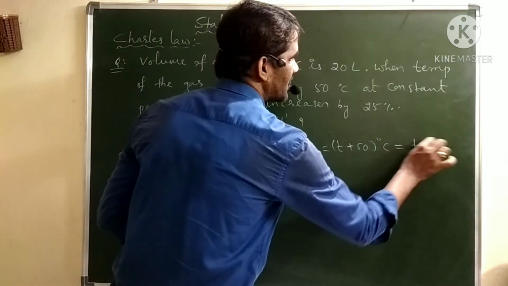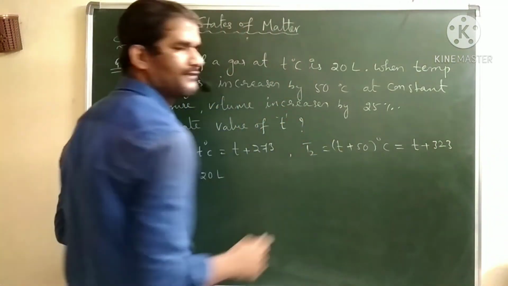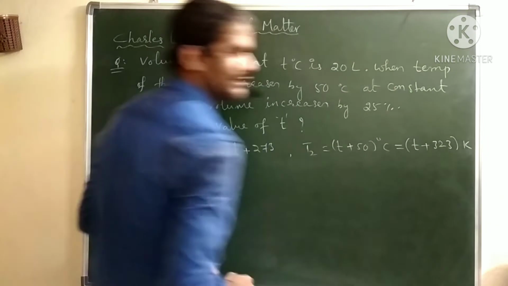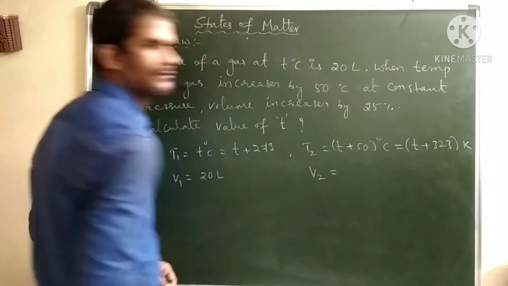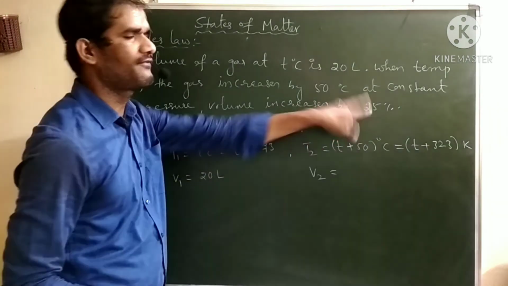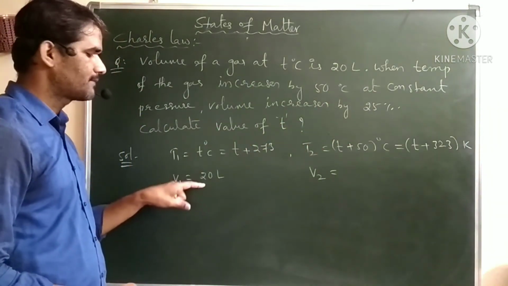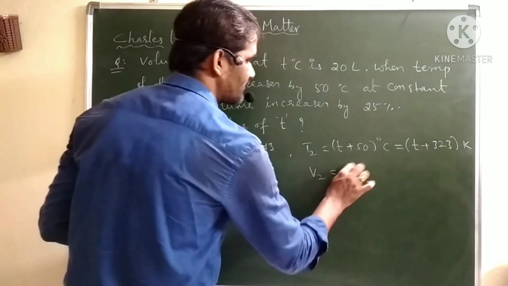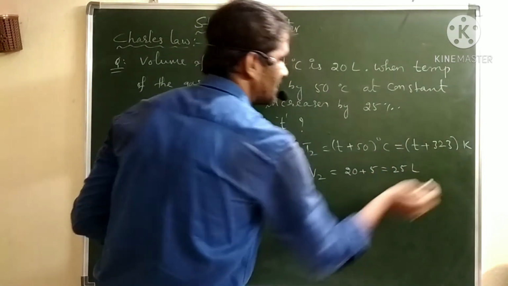So now the Kelvin value is T plus 273 plus 50, T plus 323. This is now in Kelvins. And what is the final volume V2? Now the volume increases by 25%. Initial volume 20 liters and 25% of 20 liters means 5. So 20 plus 5, that is 25 liters.